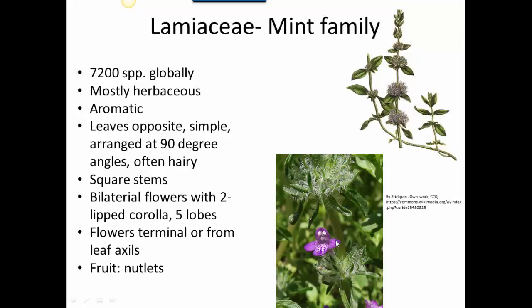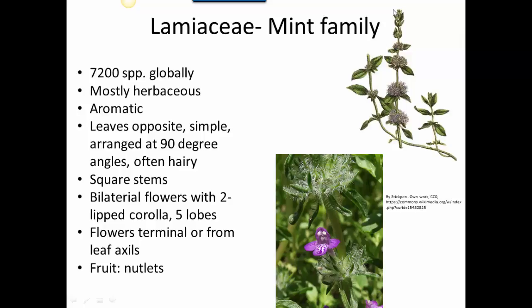We can tell there were 5 petals because we can see these lobes. But they're fused in a way where we've got one lower lip and one upper lip. The lower lip being made of 3 petals that have fused, and the upper lip being made of 2 petals that have fused.